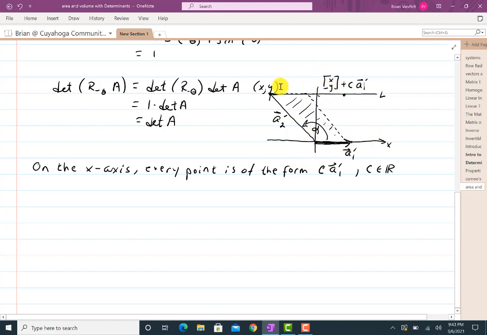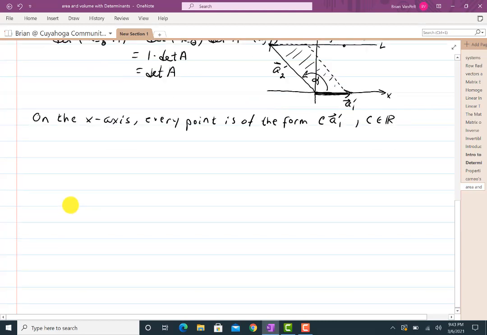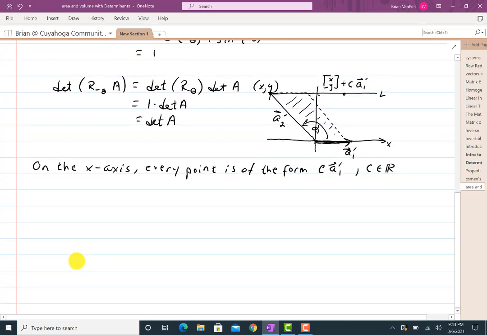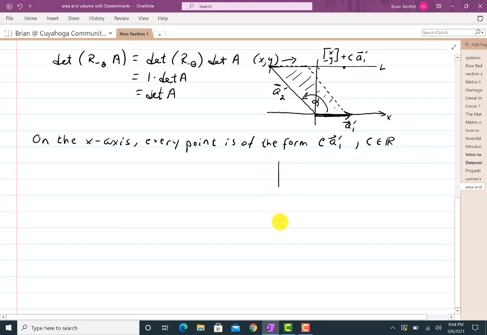So C is 0 at XY. When C is positive, we will move to the right. When C is negative, we will move to the left. Well, what we can do is take a look at this. If I allow the C to be some positive number, then I can move this until I get the following figure.